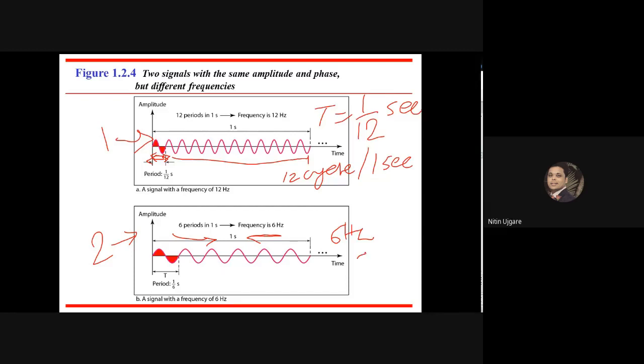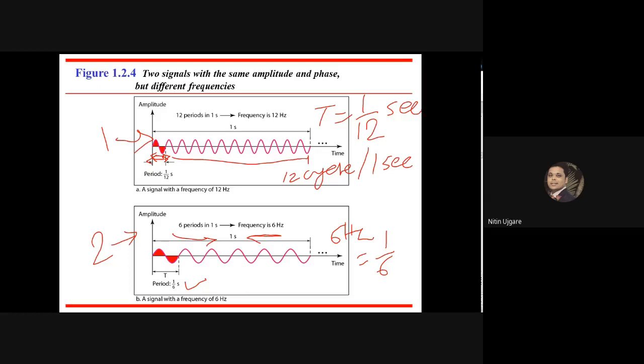And how do we calculate the period? Period is 1 divided by, or the inverse of, frequency. So 1 divided by 6 will be the period of this signal. This signal takes 1 divided by 6 seconds to complete one cycle.